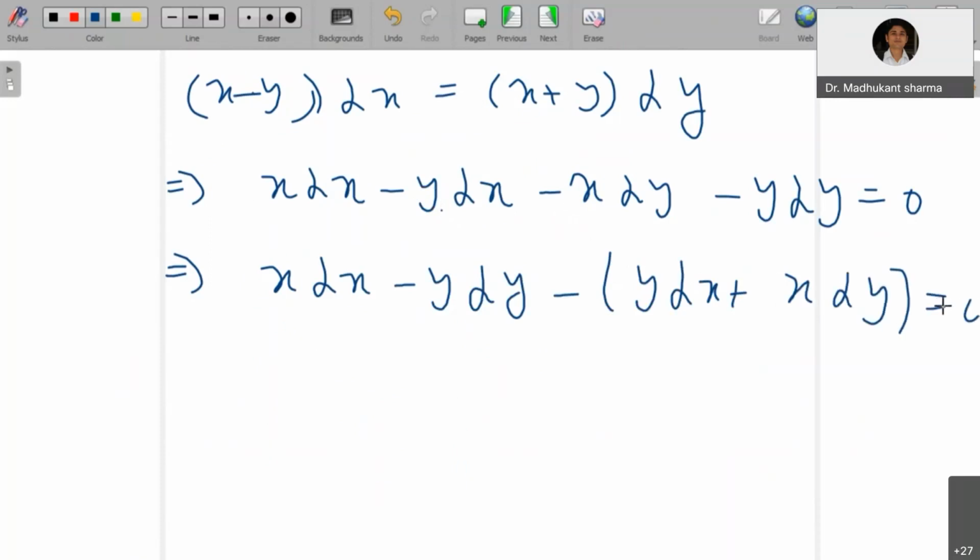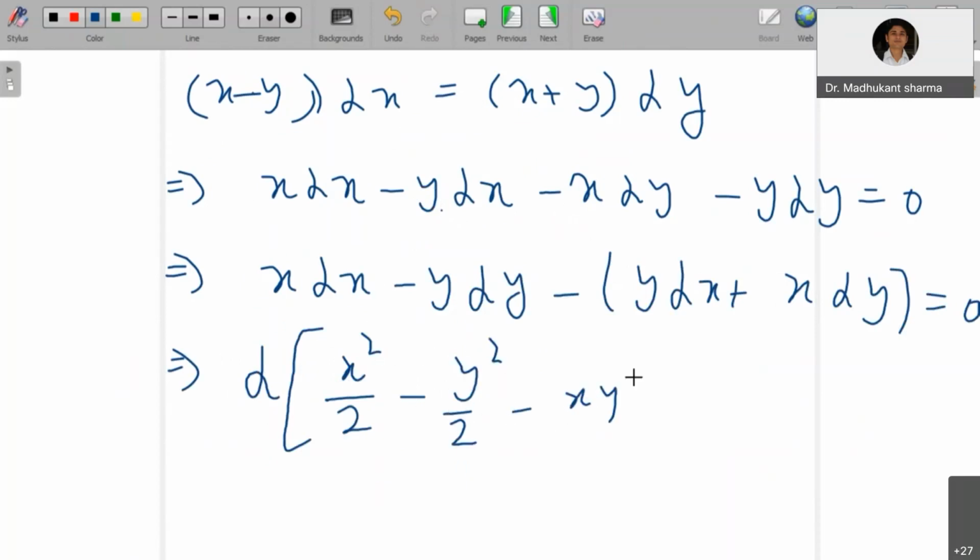Now this is equal to d of (x square by 2 minus y square by 2 minus x y) equals 0.